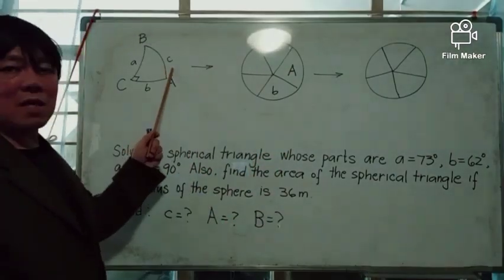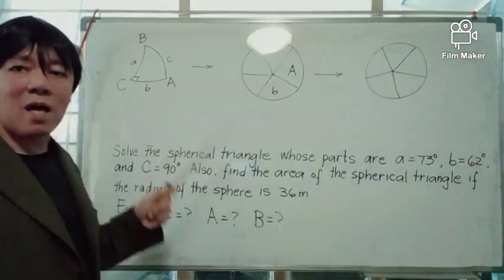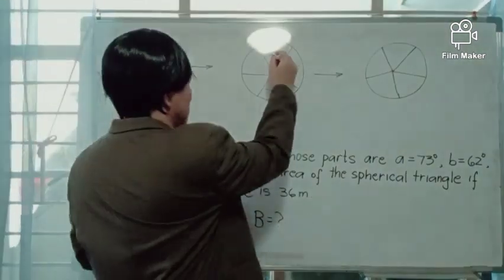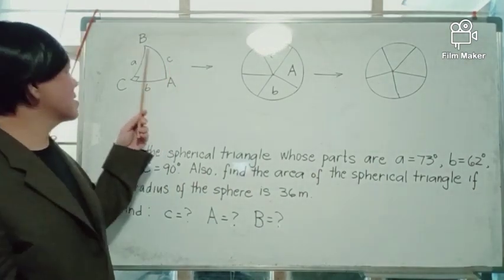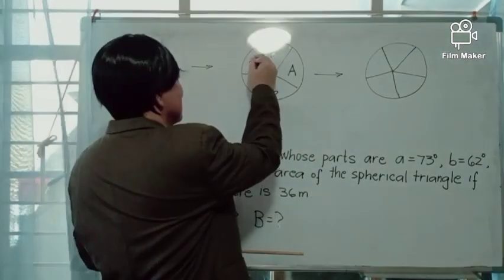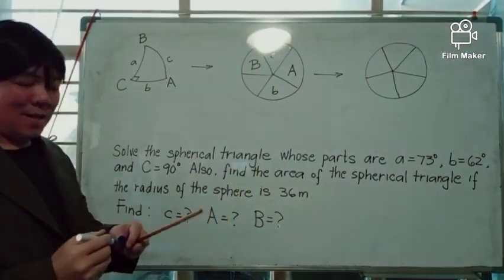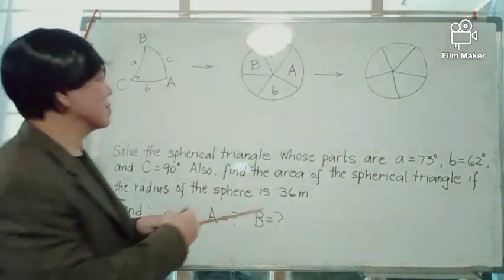Next to angle A is small c, the side opposite the right angle C. And next to small c is angle B. And next to angle B is small a.